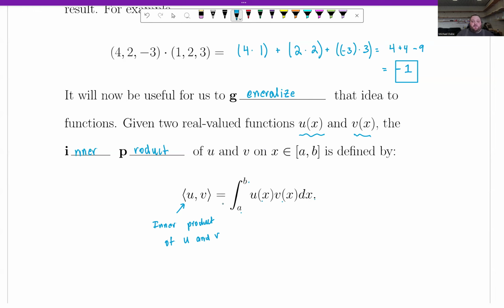Okay, so the integral from a to b of u times v with respect to x. Okay, so we can calculate this integral, and that will tell us the inner product of our two functions, u and v.